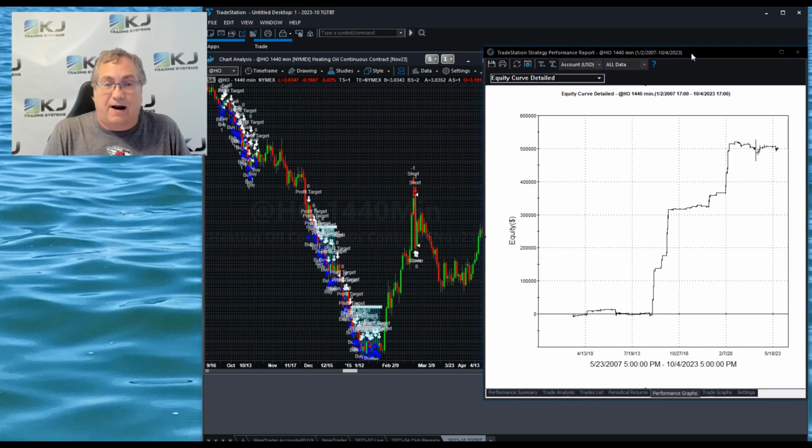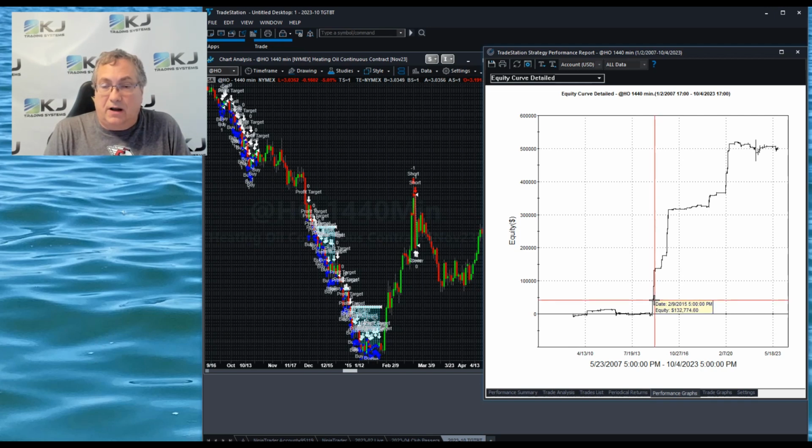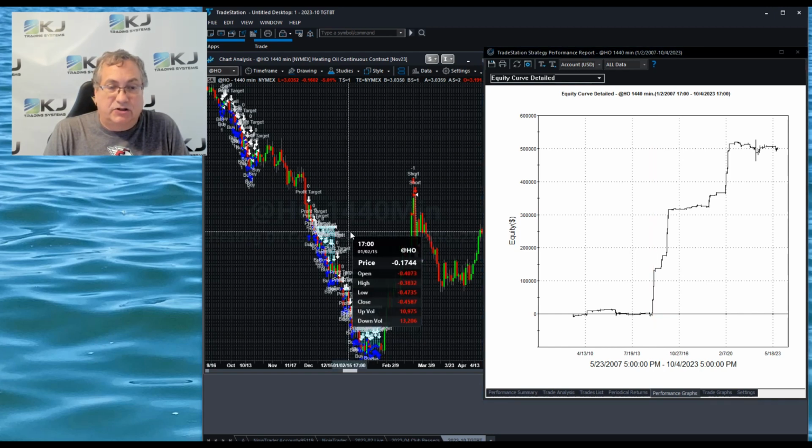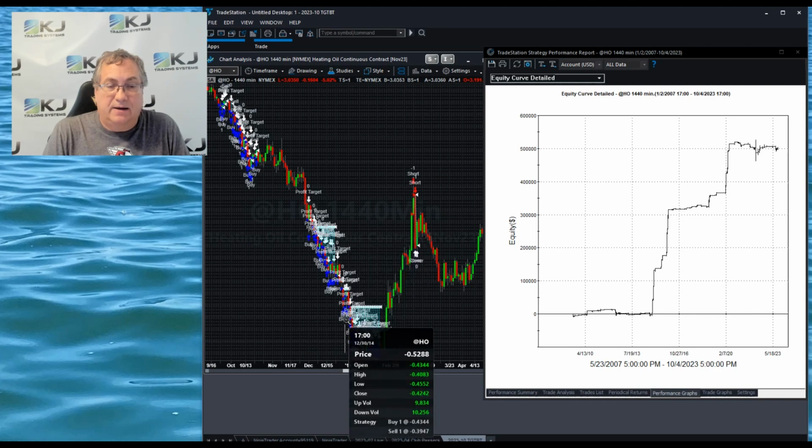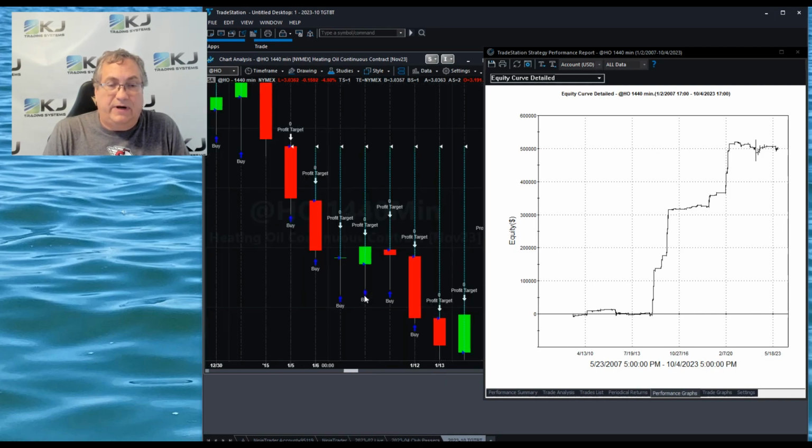Over here on the left, you can see the individual trades. I'm going to look right around here, which is around January of 2015, and that's right in this range. I'm going to zoom in and see what we can see.